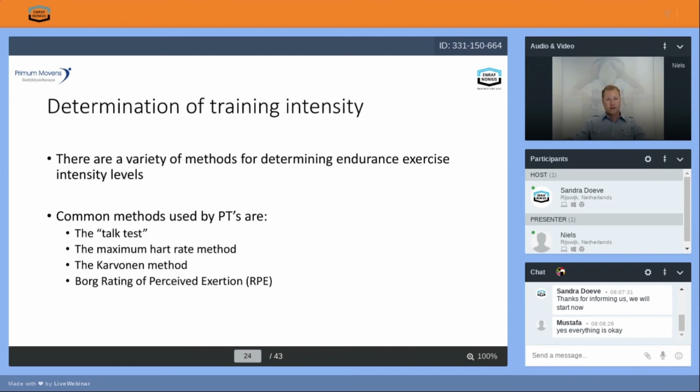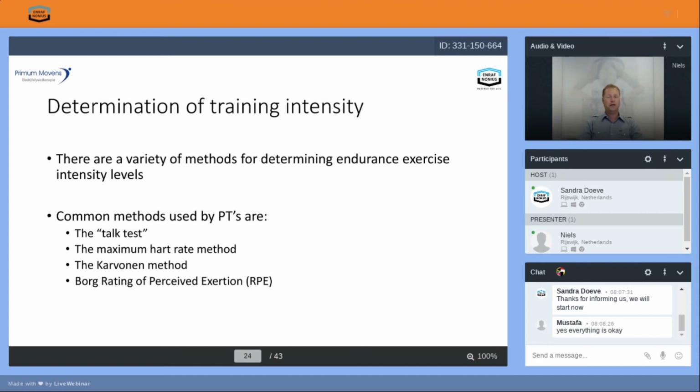There are several methods to determine endurance exercise intensity levels. I have prepared 4 common methods that are used by PTs here, and not all of the methods are specifically solid, hard measuring methods.